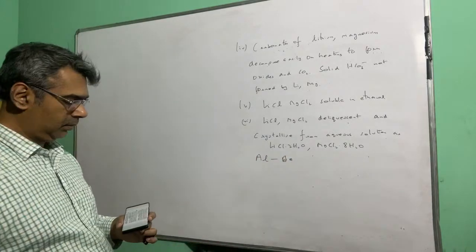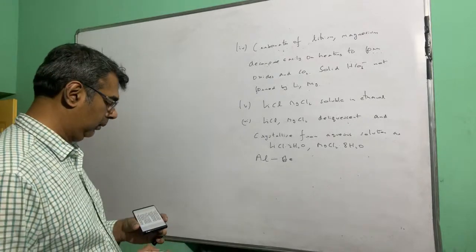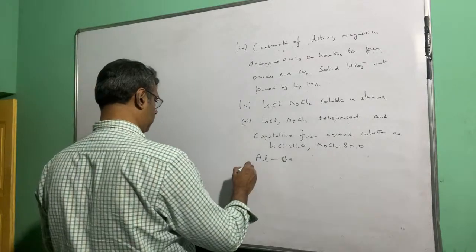Okay, next we come to the diagonal relationship of aluminium and beryllium.